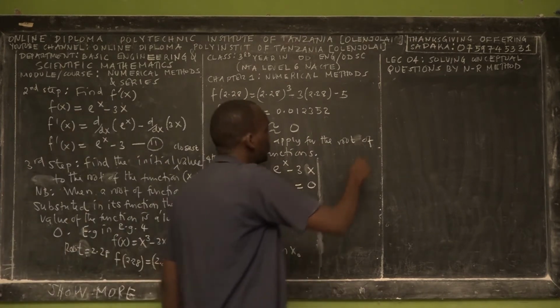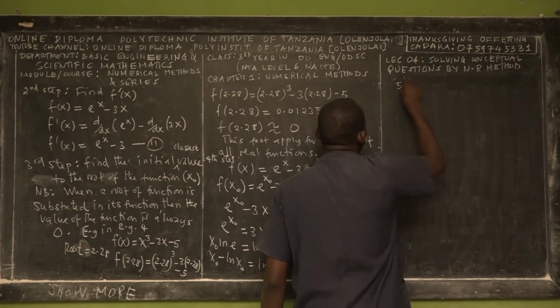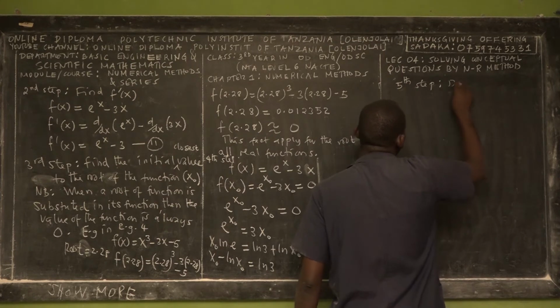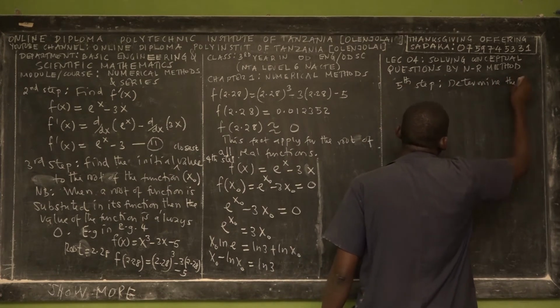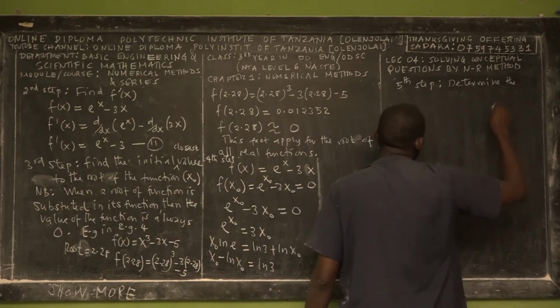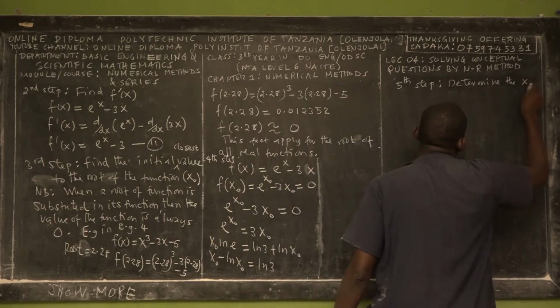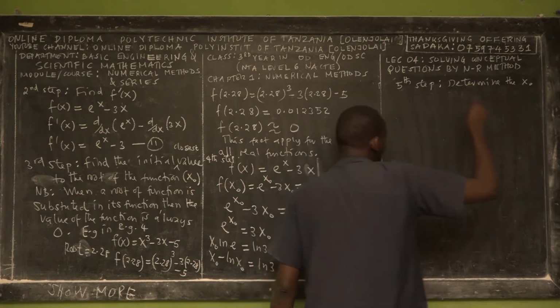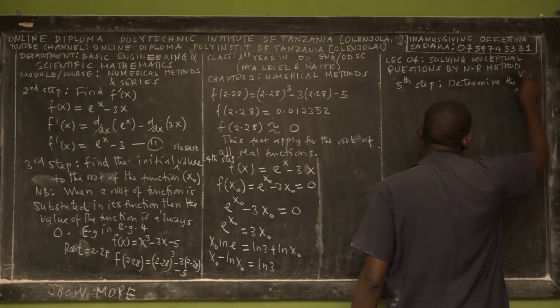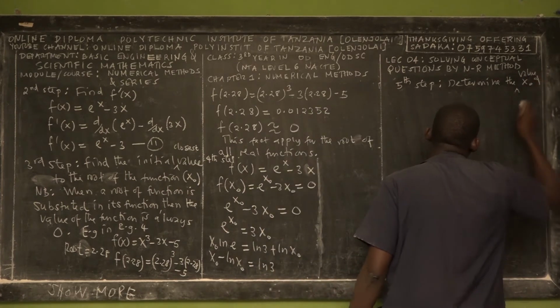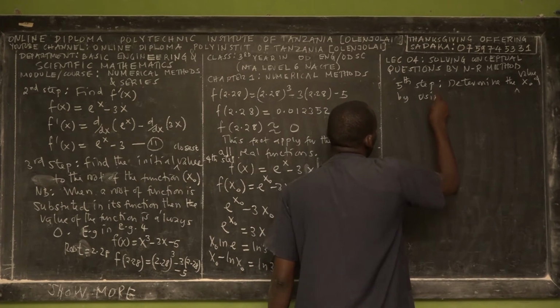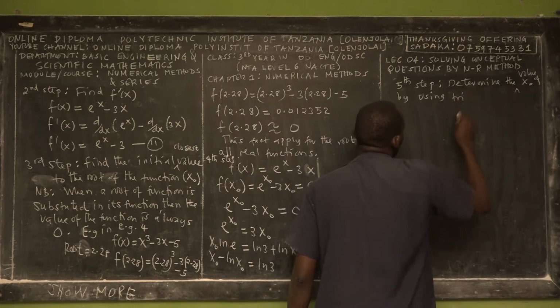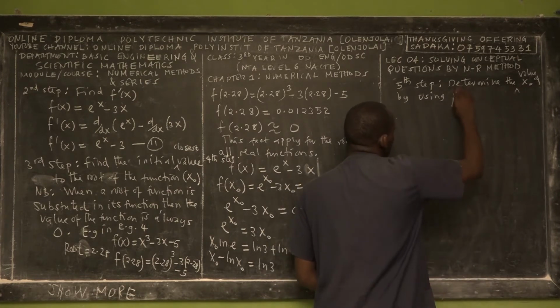So the fifth step, we say that determine the initial value, the value of x naught, by using TRY, we write in capital letter.